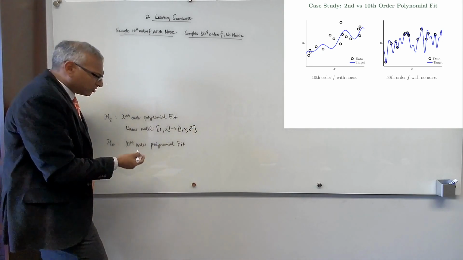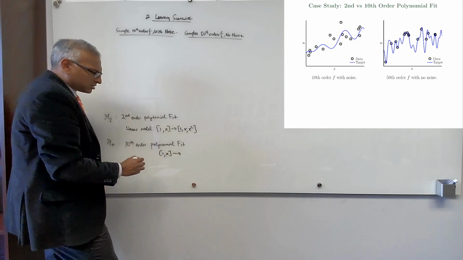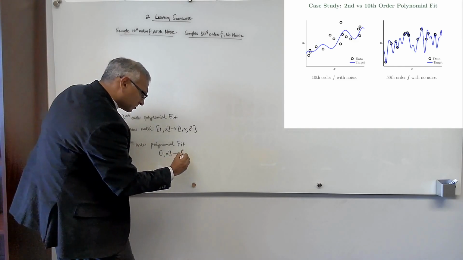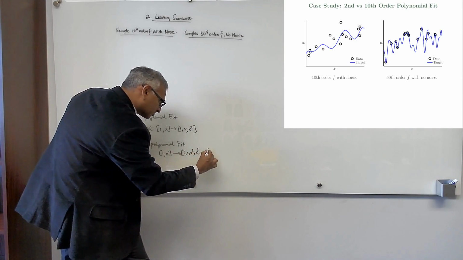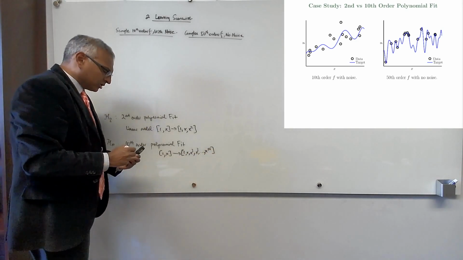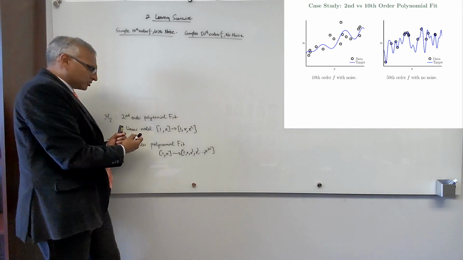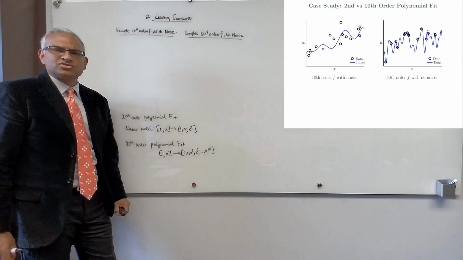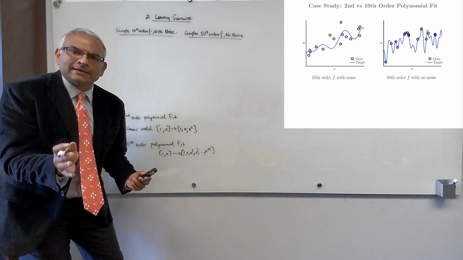And in the 10th order polynomial fit, we go from 1, x to the 10th order transform: 1, x, x squared, x cubed, and so on up to x to the 10. In general, the qth order polynomial fit just corresponds to a nonlinear polynomial transform.